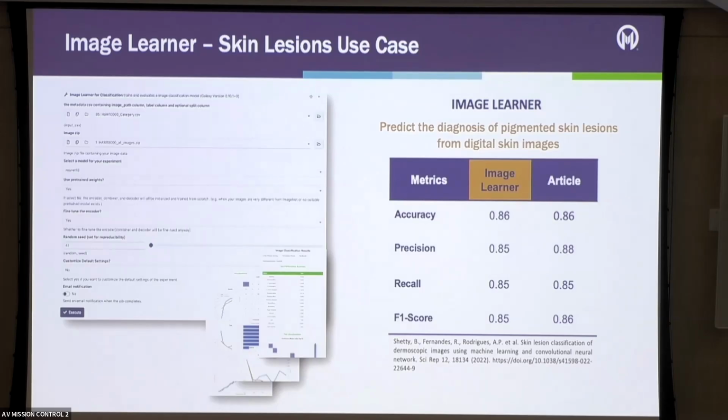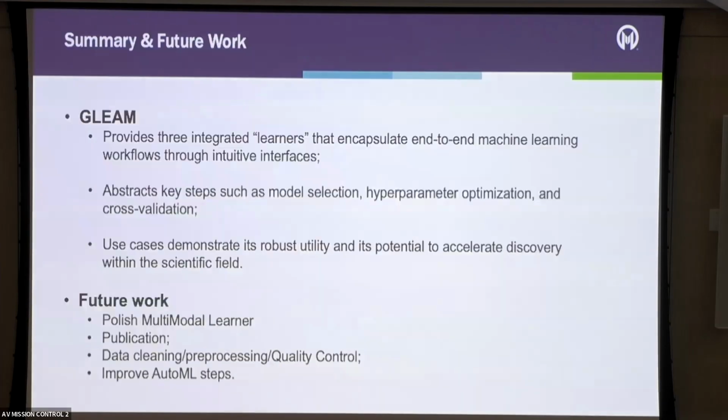So we are just throwing in the data set and waiting for the results from the model that we have in the tool. As you can see here, the accuracy, precision, recall, and F1 score look pretty much similar to the ones published in this paper, showing that our tools are robust, doing their jobs by themselves.